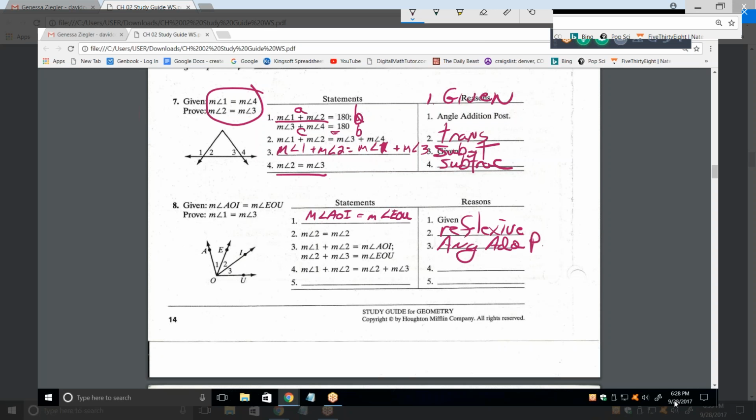Angle addition postulate, actually, like in the previous problem. And then finally, 1 plus 2 equals the measurement of 2 plus 3. Substitution? Yeah.